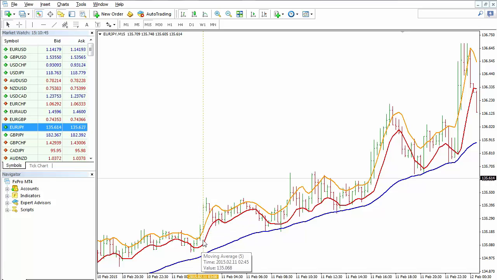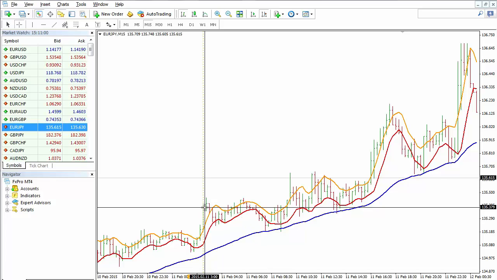And I need a close above the highest moving average, in this case, the orange one, of course. So I got a close here, but the 1 hour chart confirmed only here. So here I can see it's good also on the 1 hour chart and the 15 minutes. It's perfect. So I can enter the trade right here.